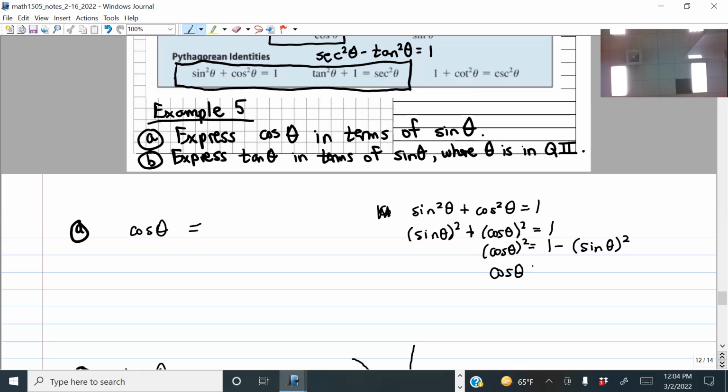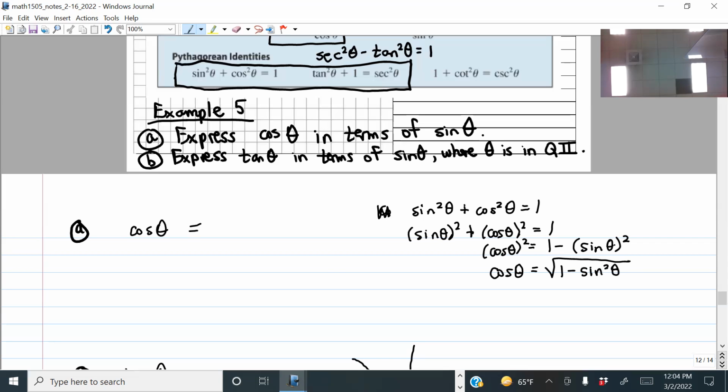So that's what we're going to do. Just take the square root. When you take the square root, I'm going to put the square back with the sine, so I don't have to write the parentheses. That's the point of putting the 2 above the sine.